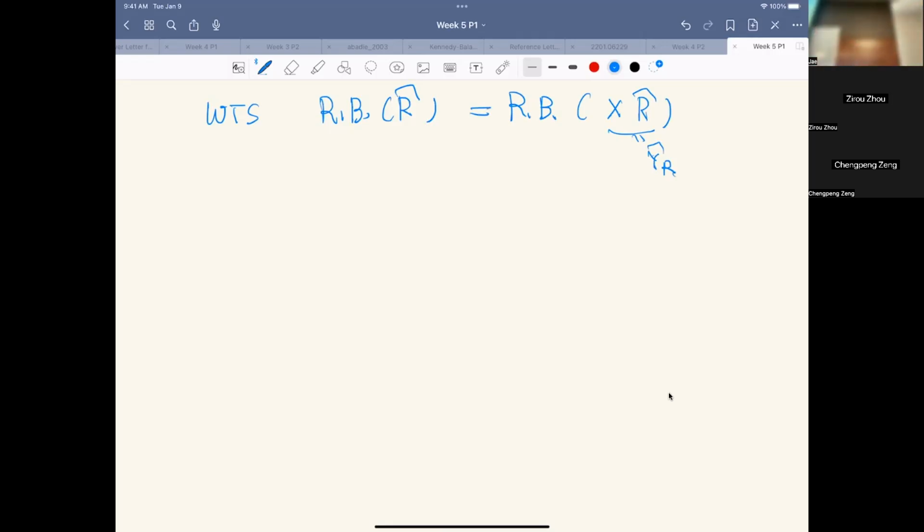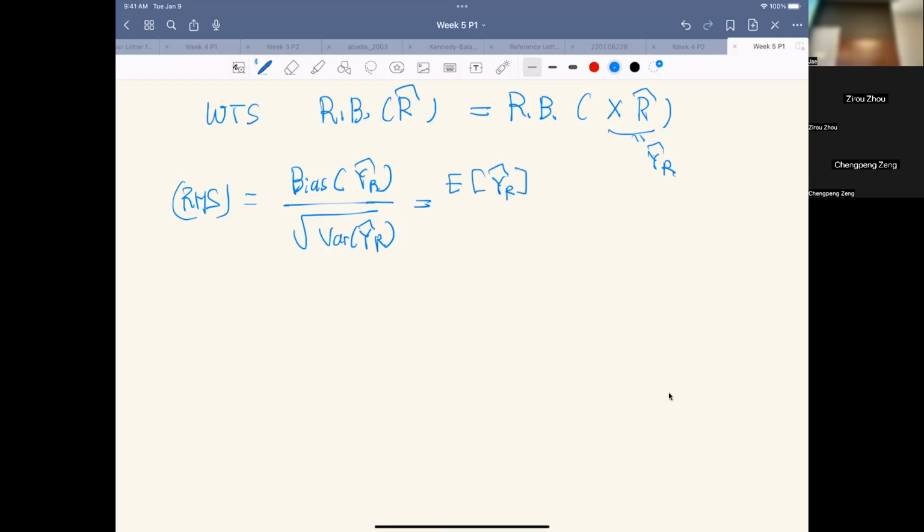Well, the right-hand side is the bias of Y hat R divided by the square root of the variance of Y hat R. That is the expected value of Y hat R minus Y, divided by the square root of the variance.